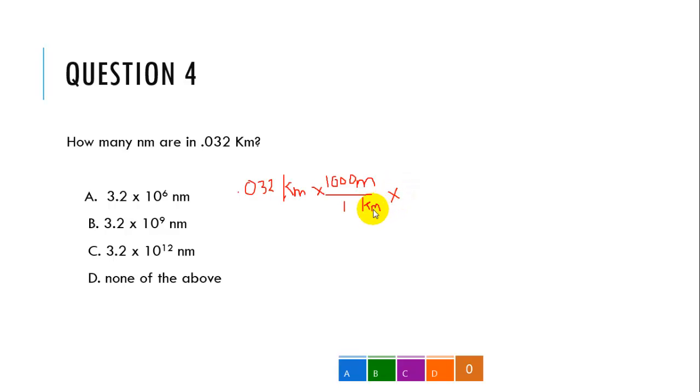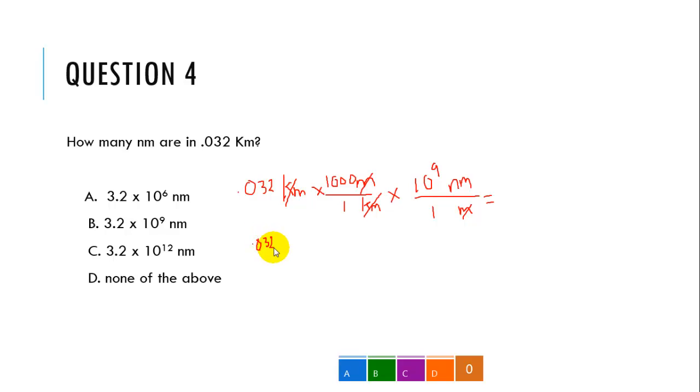And then, okay, my kilometers have canceled out. And then I want to get rid of my meters, so that goes on the bottom. And I want nanometers. There's 1 billion nanometers, or 10 to the 9th nanometers in 1 meter. Meters have canceled out.